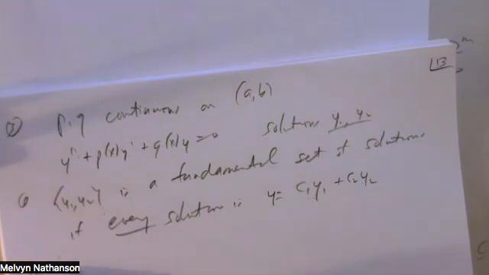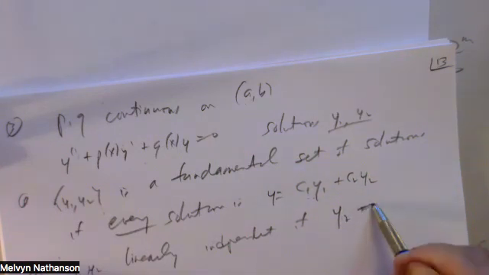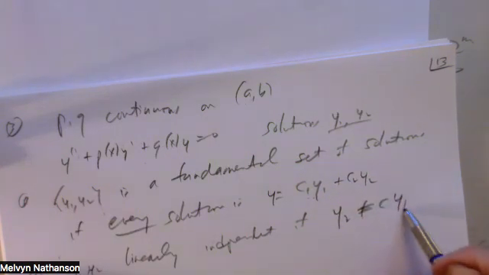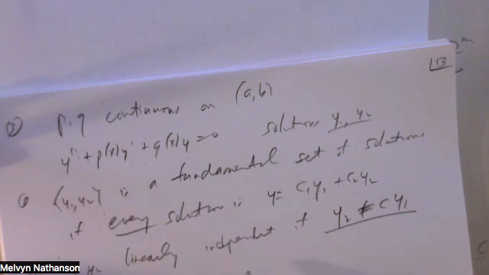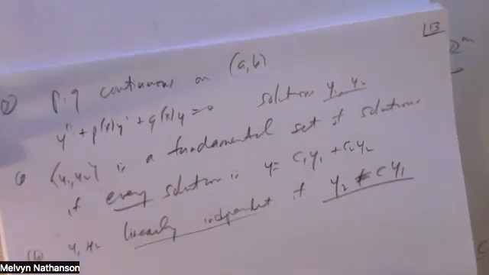And we say that y1 and y2 are linearly independent if y2 is not some constant times y1. You can't write one as like 3 times the other. That's what it means for two functions to be linearly independent. That's all it is.